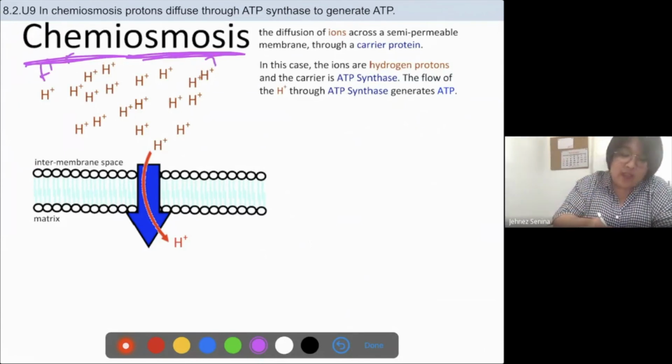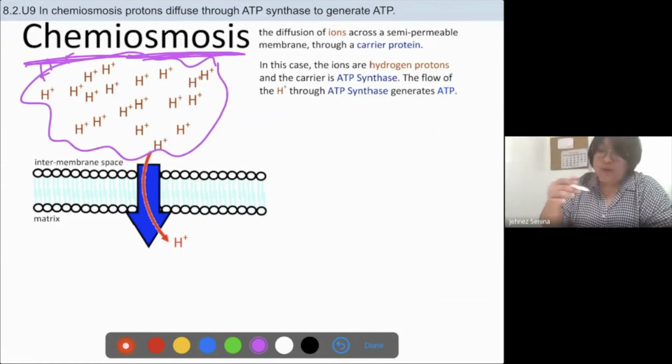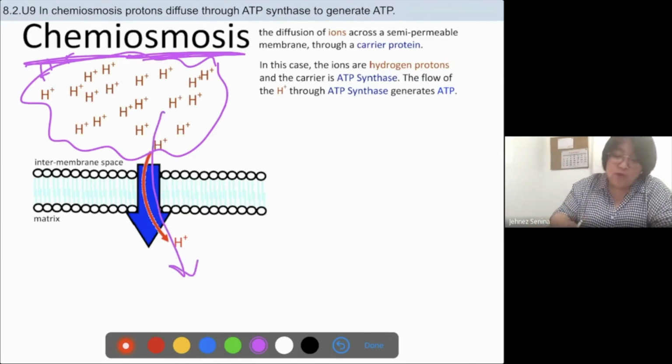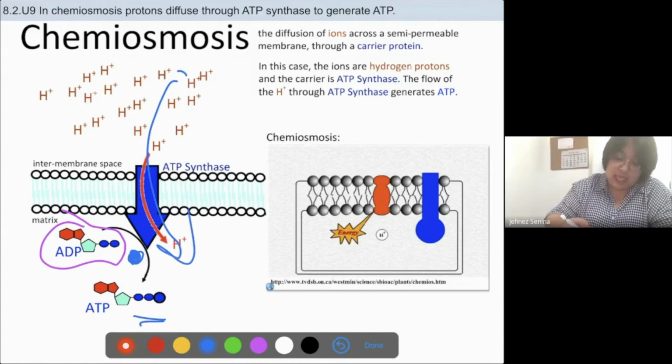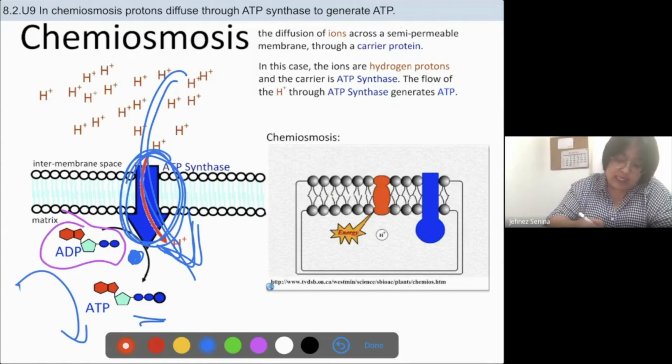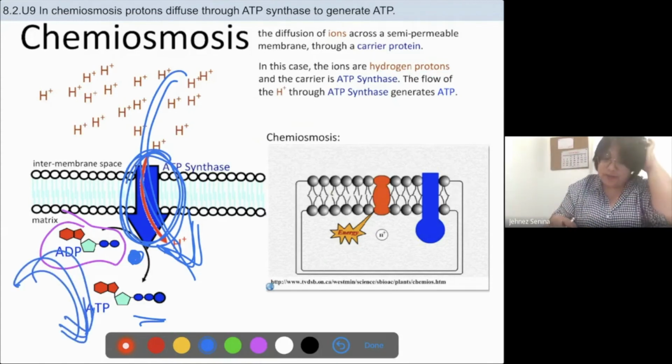You have a buildup of protons, therefore through osmosis it's going to flow back into the matrix. As it flows back into the matrix, ADP is bonded to another P to form ATP. As this flows in, it energizes your ATP synthase to keep forming ATP.